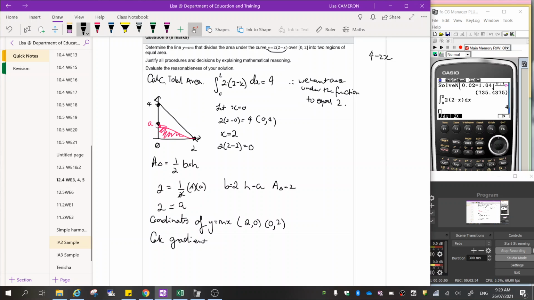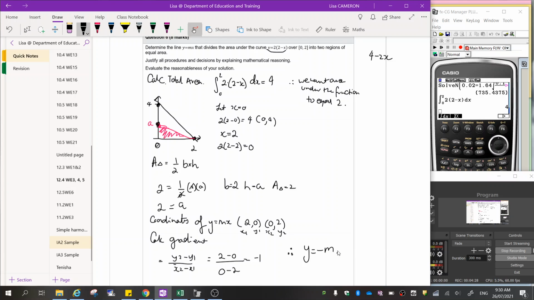So it goes up 2 divided by 2, and the gradient is negative, so it's going to give me an answer of -1. But if you wanted to use our old formula, y2 minus y1 over x2 minus x1, that's going to give me 2 minus 0 divided by 0 minus 2 equals -1. So therefore, our function is y equals -x.